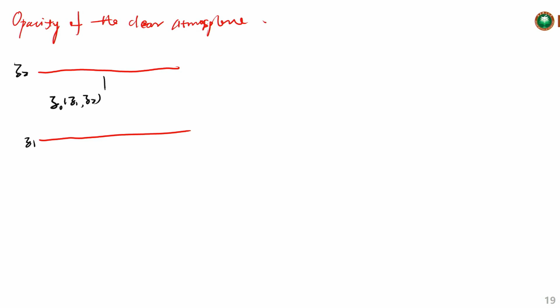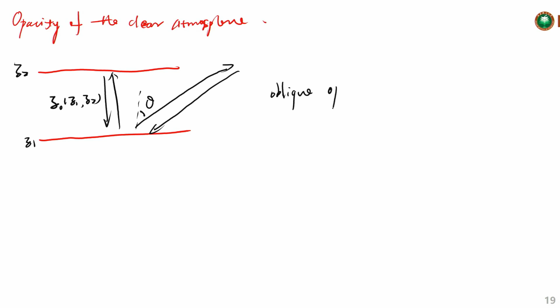However, mostly our observation, or our radiometer channel, is not perpendicular to the atmospheric layers. It has a slant path like this, with a zenith angle theta, and we call it the oblique optical thickness, or opacity.